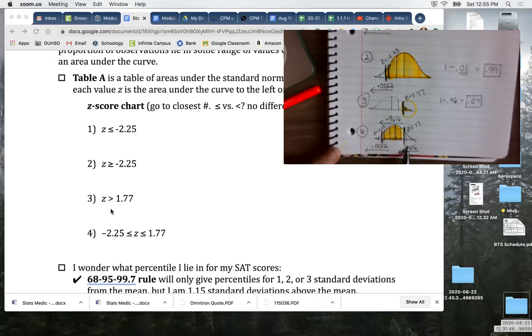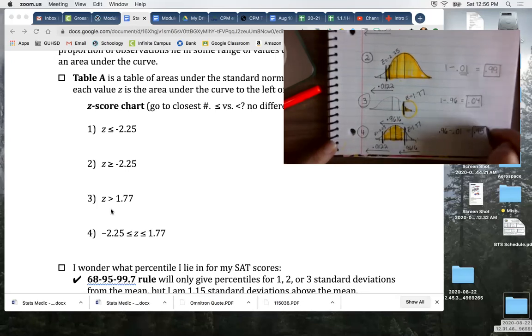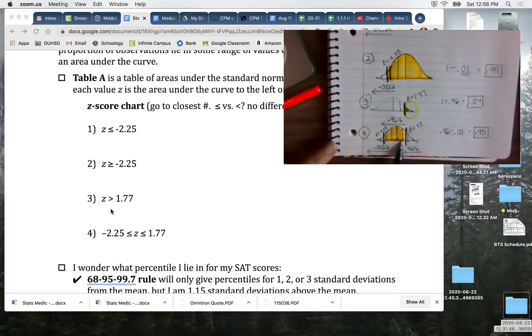So I'm really taking 96% and I'm subtracting this little piece off right here, which happens to be 1%. So I take 0.96, I subtract my lower number, my lower area, and it will always be that way, and I get 95%. 95% of the values are between those two values.